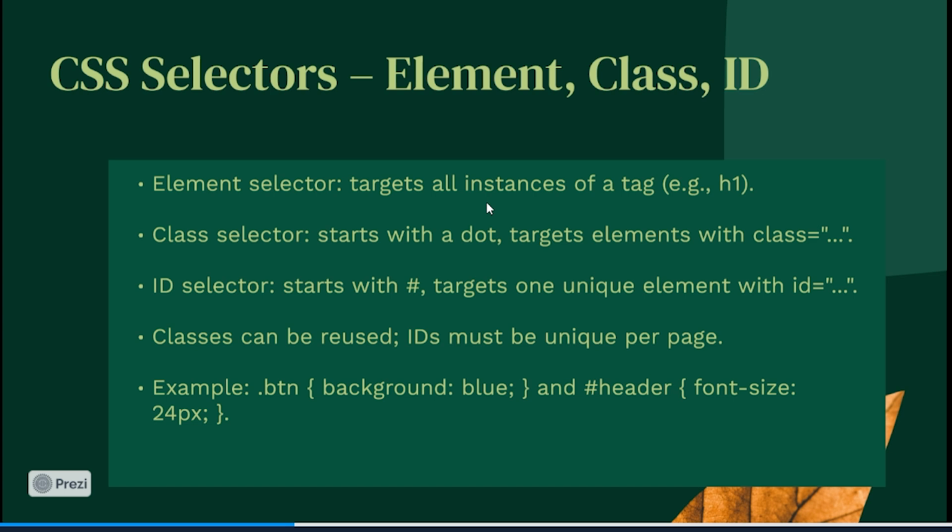But the class selector you can add first on an h1, like class equals container, and then a second time you can also add it on an h2, class equals container. But an ID is unique, so you cannot use it multiple times; it's used only one time. But the class selector can be used multiple times.